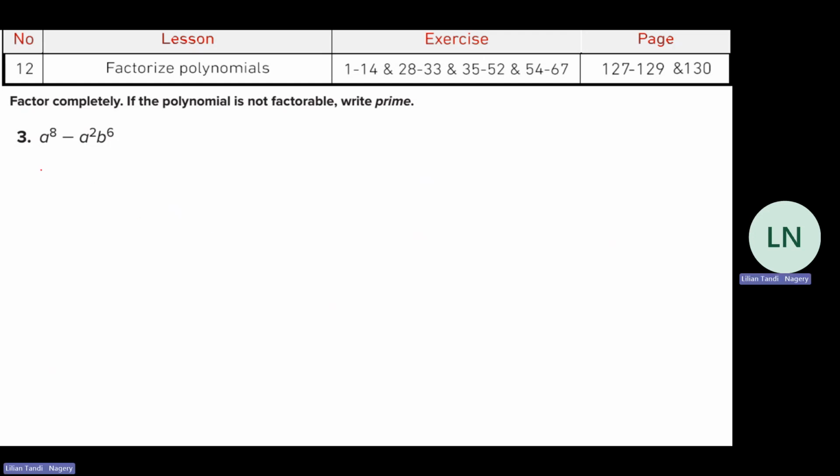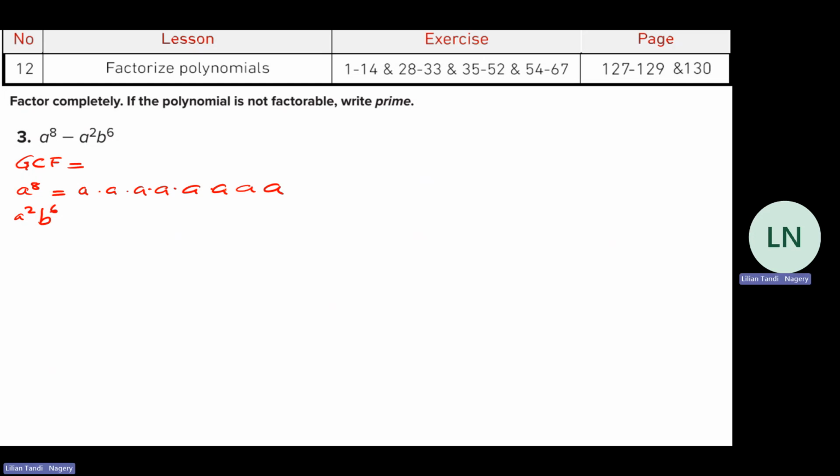Find the GCF. So the GCF will be a to the 8, a squared b to the 6. a to the 8 means eight of them: 1, 2, 3, 4, 5, 6, 7, 8.